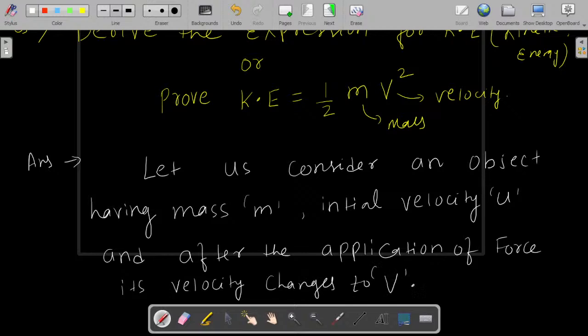Here v represents final velocity, u represents initial velocity, m represents mass, and f represents force.